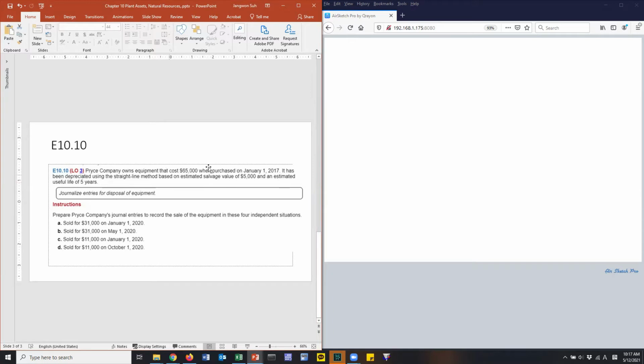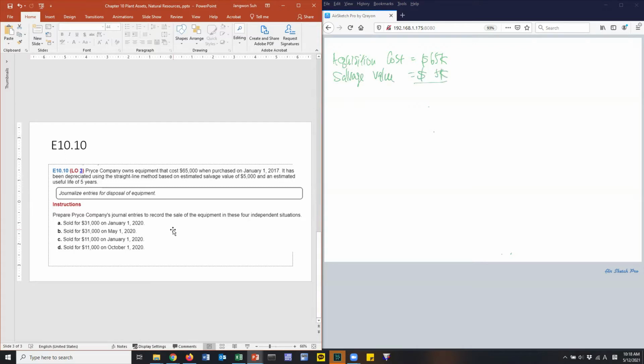First, let's talk about this asset and its accumulated depreciation as of January 1st. Its acquisition cost at the purchase is $65K, with salvage value at the end of useful life $5K.